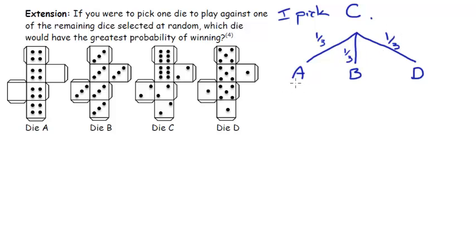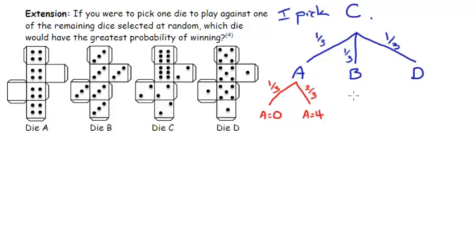You roll your die, and A could be a 0, or A could be a 4. This happens 1/3 and 2/3 of the time.